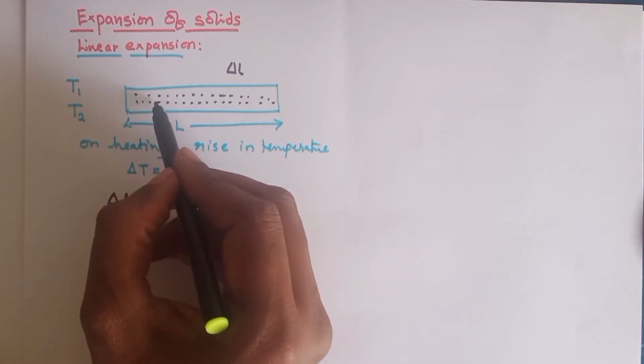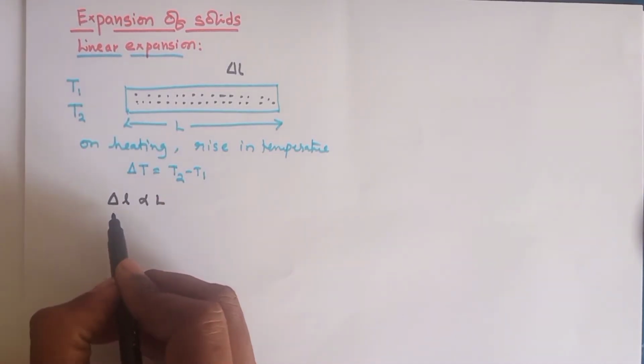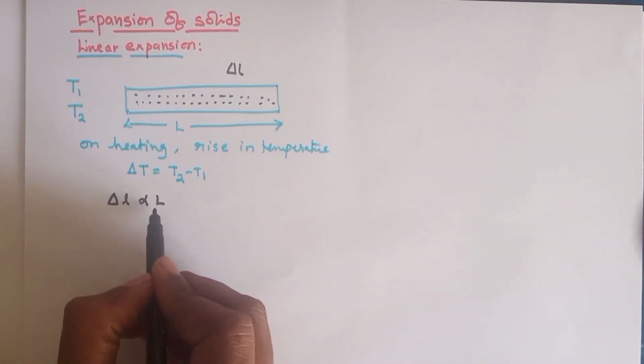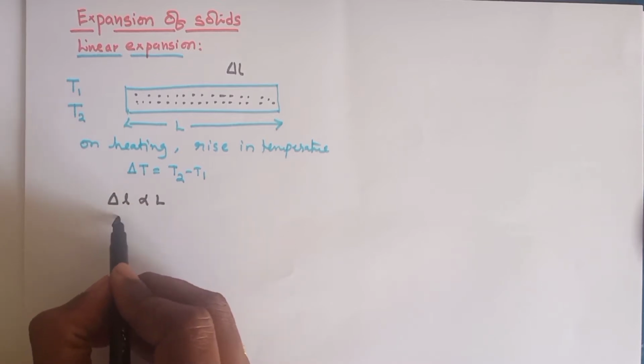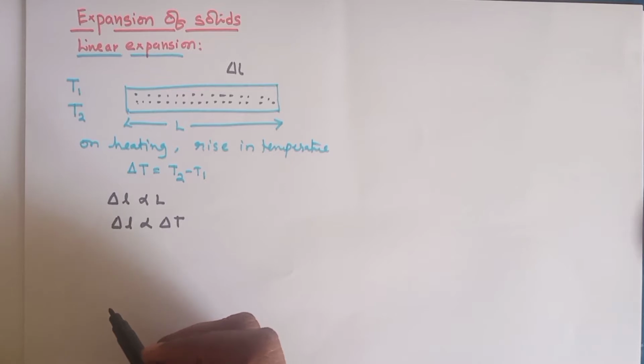There are more elements present, so delta L, the change in length on heating, is directly proportional to L.